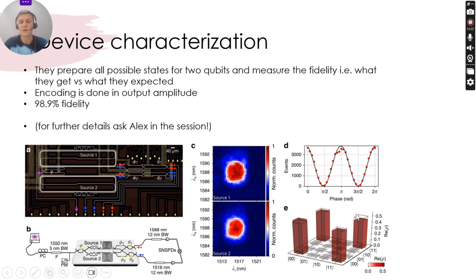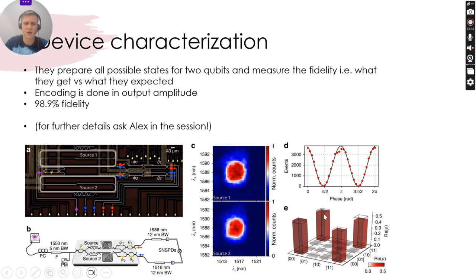So if you had 100% fidelity, the state that you're trying to create, like a 1, 1 or a 0, 0 state, if it was always exactly what you wanted, you'd expect all of these red bars to go up to these dotted lines here. And what you can see is that these red bars here, which are the actual measured fidelities, come very close to being ideal fidelity here.